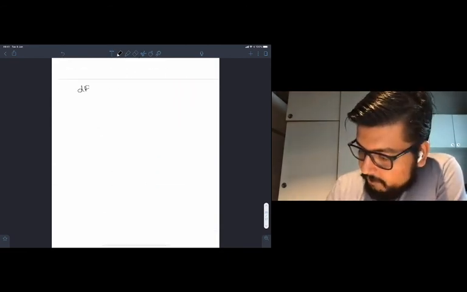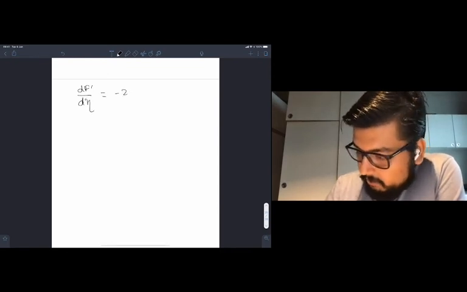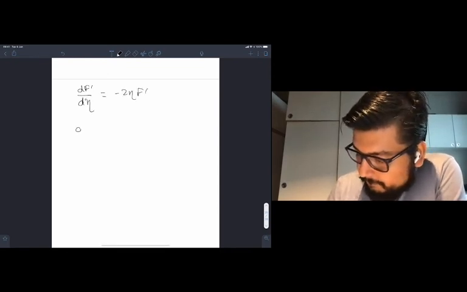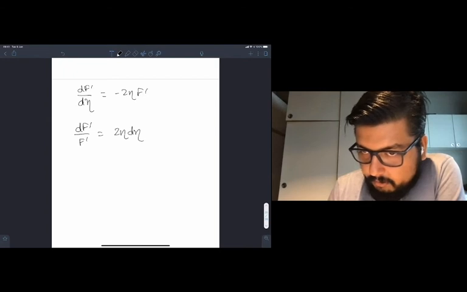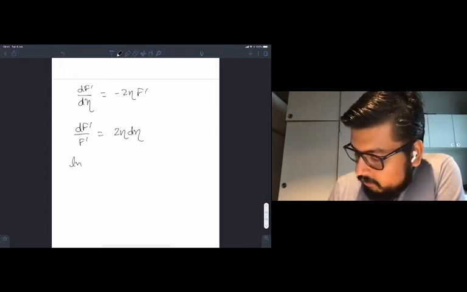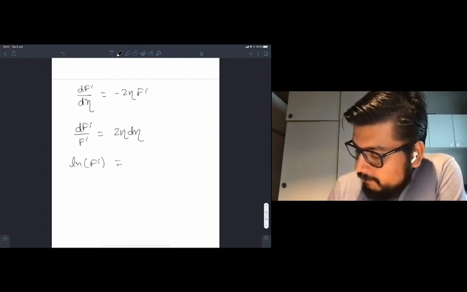So we have df prime by d eta is equal to minus 2 eta f prime, which gives me this. So on integrating once, I get log of f prime is equal to minus eta square plus c.